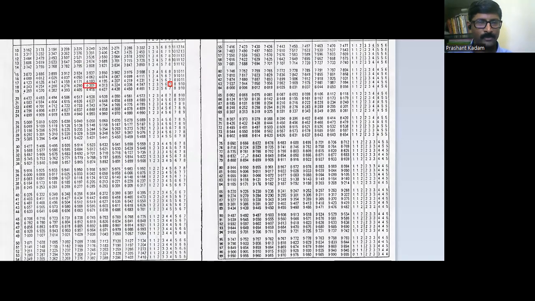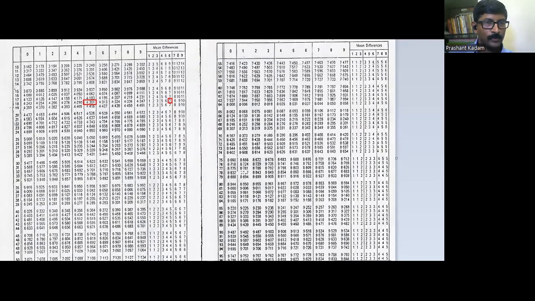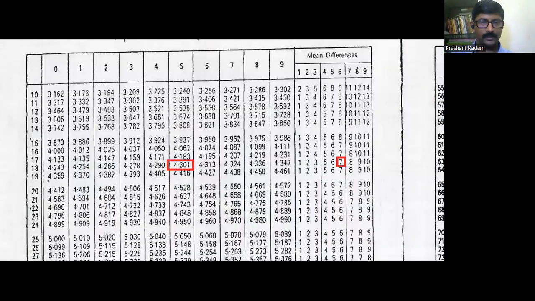I have the square root tables over here. Let's say I'm trying to find the square root of 18.56. Now how to do that? Go to the 18th row, 5th column, and 6 is the mean difference.